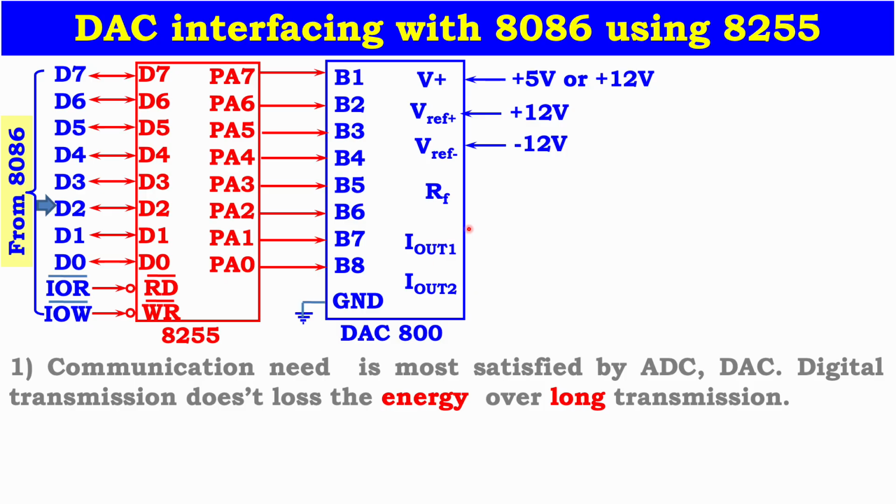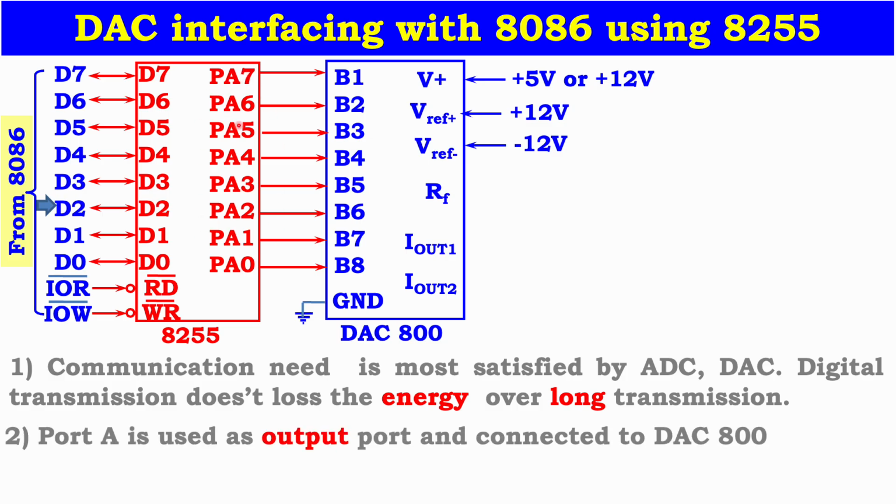Here we have the 8255 with 3 ports. We don't require all 3 ports, we require only one port, port A. This port A acts as an output port and is given to the input of all 8 bits.